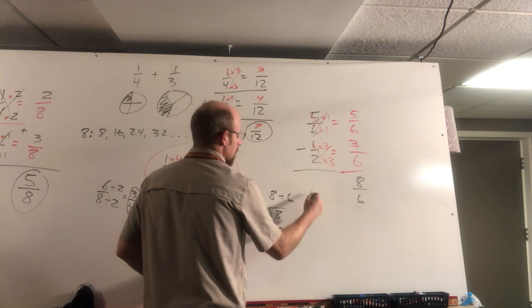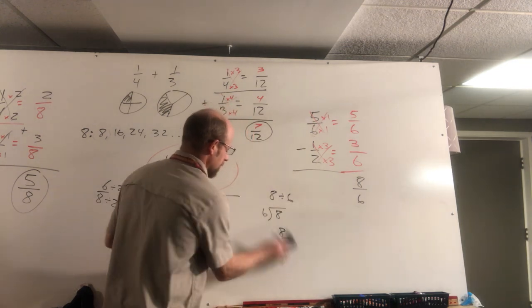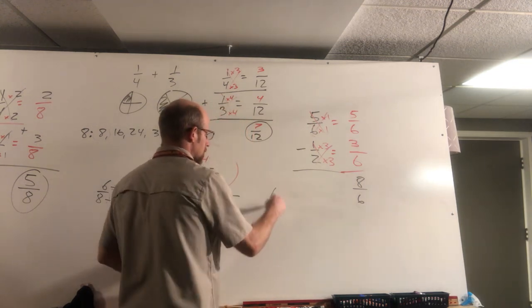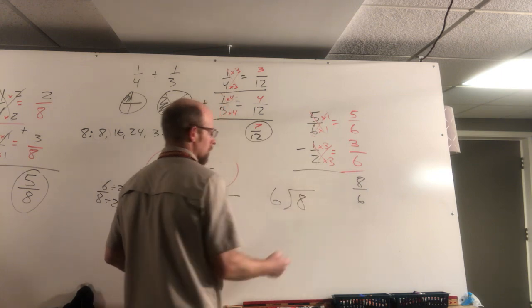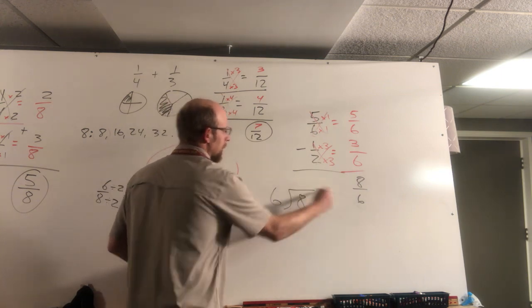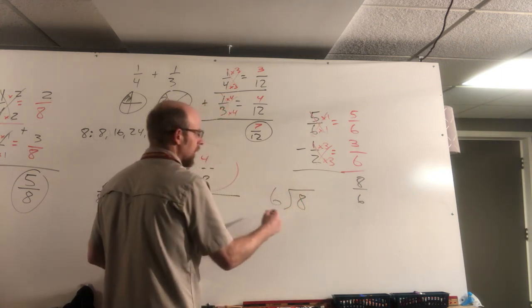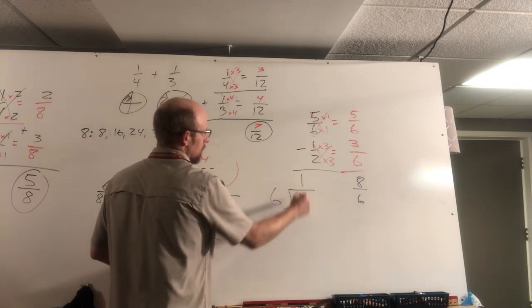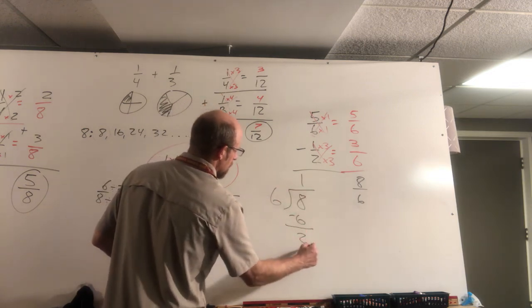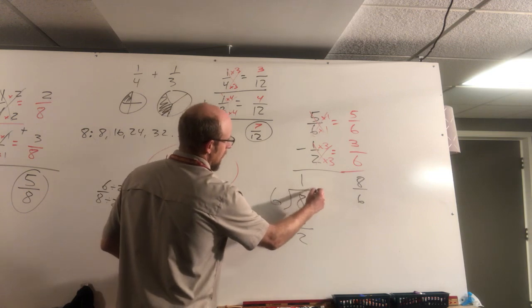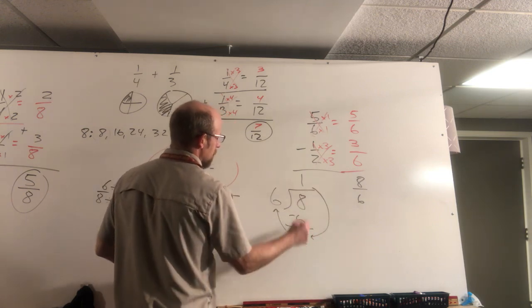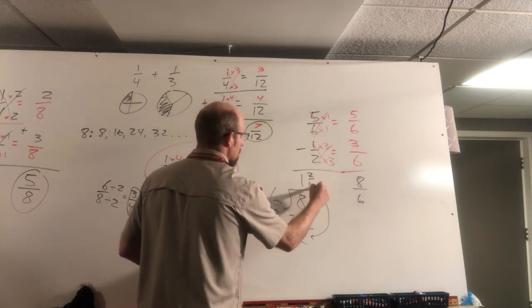So 6 into 8, or 8 divided by 6. 6 goes in once. 6 times 1 is 6. Subtract 2. And then you read the clock for your fraction. 2 over 6, 1 and 2 sixths.